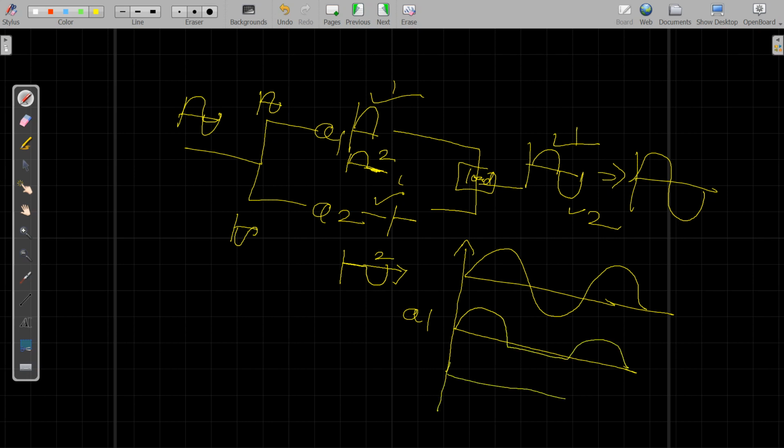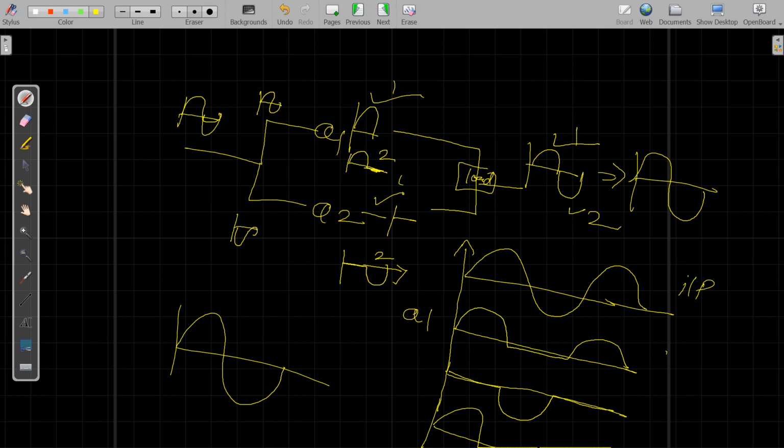If I draw the Q2 output and put them together, adding Q1 and Q2, I am going to get the output for the complete cycle. That means this is my actual input, this is the output of Q1, this is the output of Q2, and this is the total output.